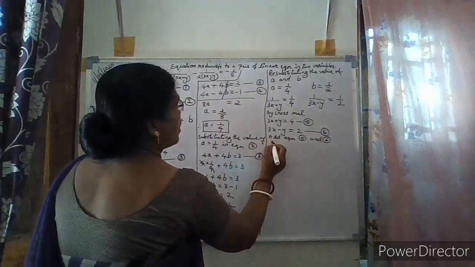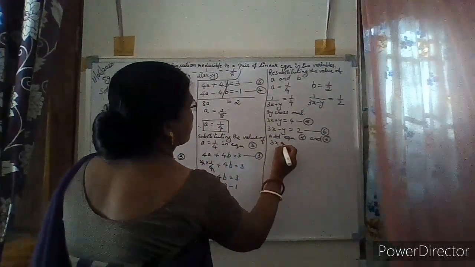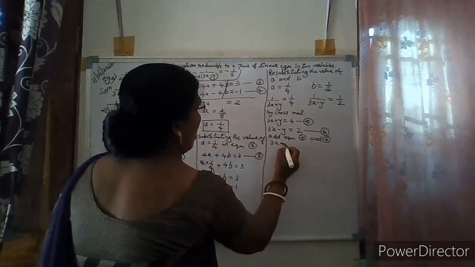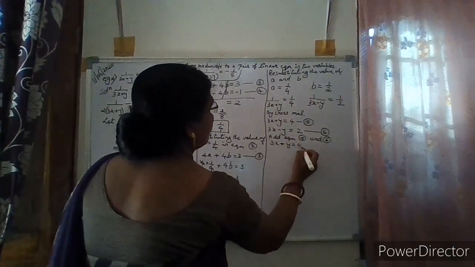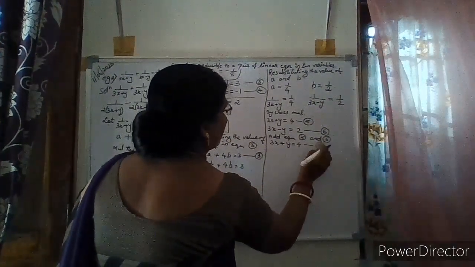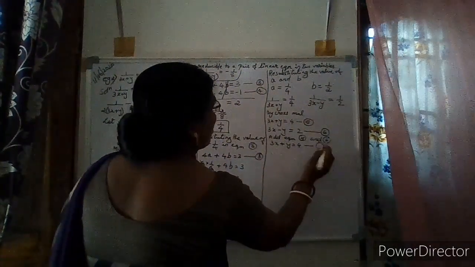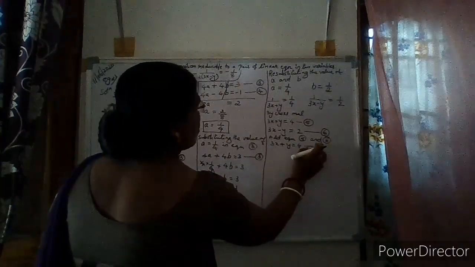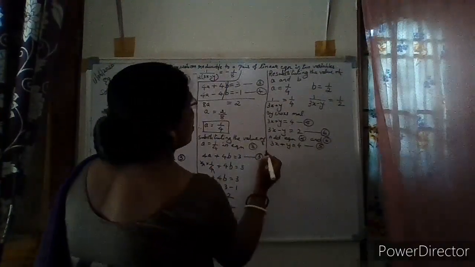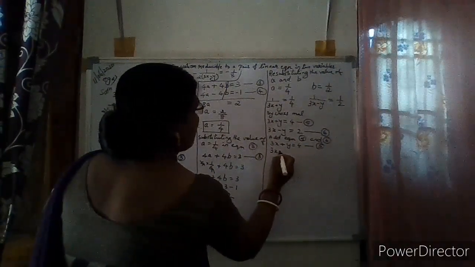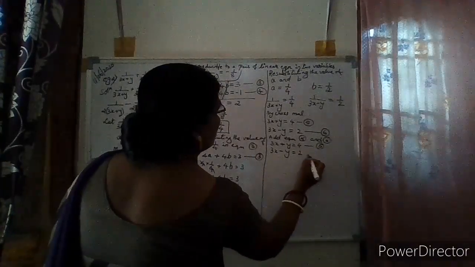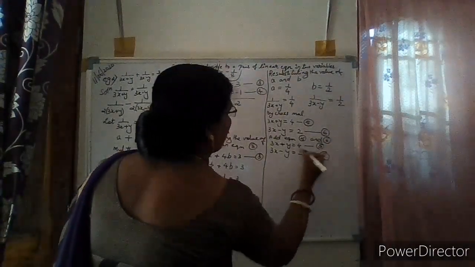So rewrite it again. 3x plus y is equal to 4, equation 5. 3x minus y is equal to 2. This is equation 6.